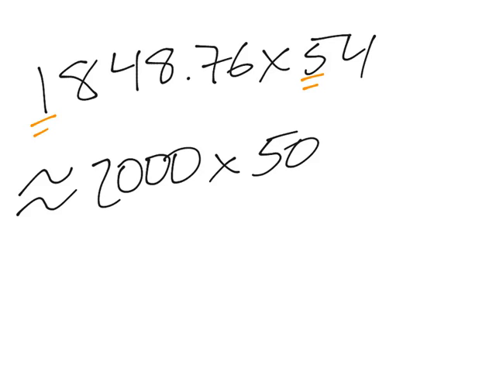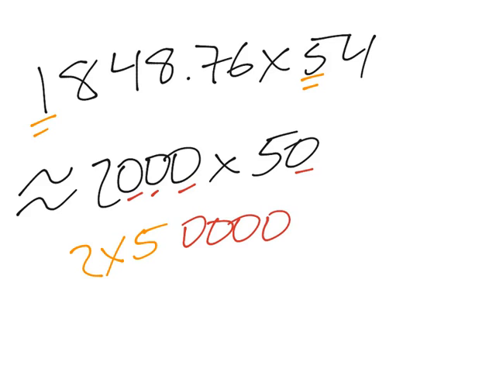Because this is about $2,000, 50 times. And when I do that, I'm simply saying, cool, 2 times 5 with 1, 2, 3, 4 zeros attached to it. So 2 times 5 is 10 with the 4 zeros.